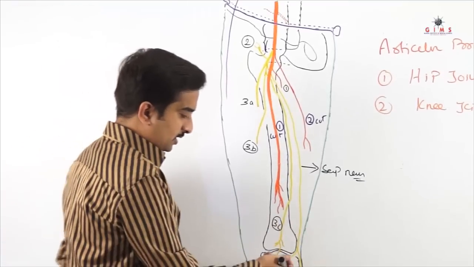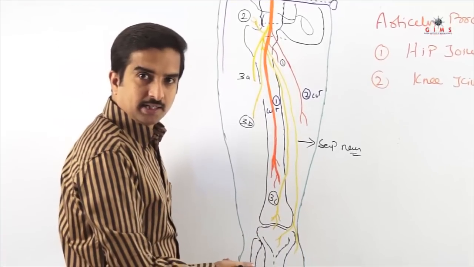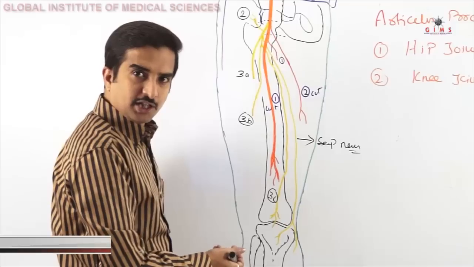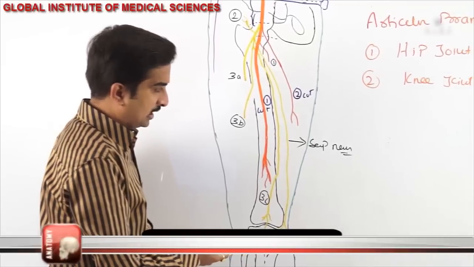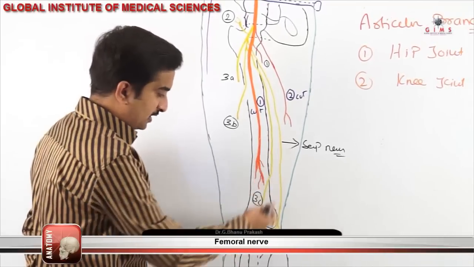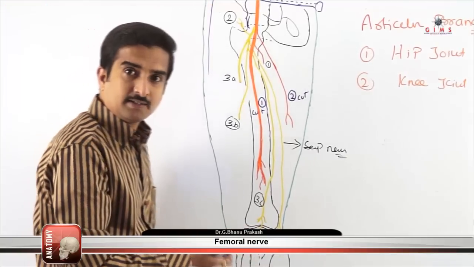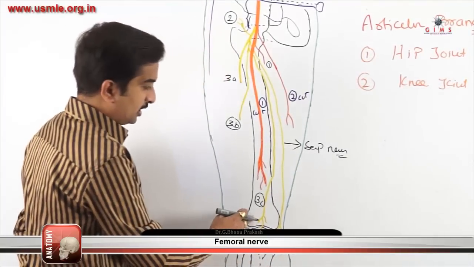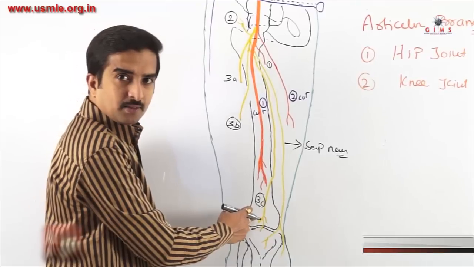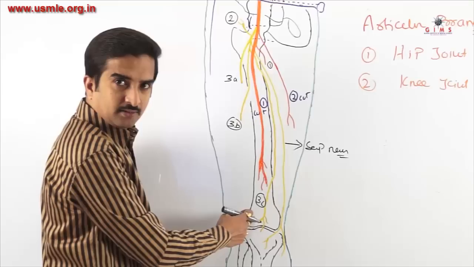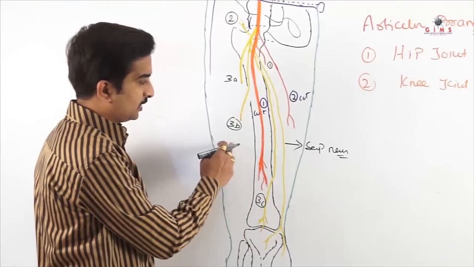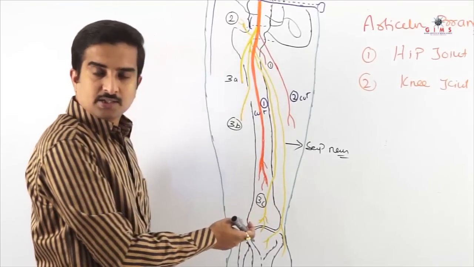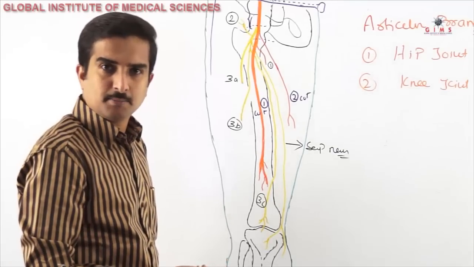And which nerve is closely related to the knee joint here? The saphenous nerve, even though it is related to the knee joint, is a cutaneous nerve, right? It is not an articular branch. So here you can see, this is not the medial cutaneous nerve, it is the nerve to vastus medialis.